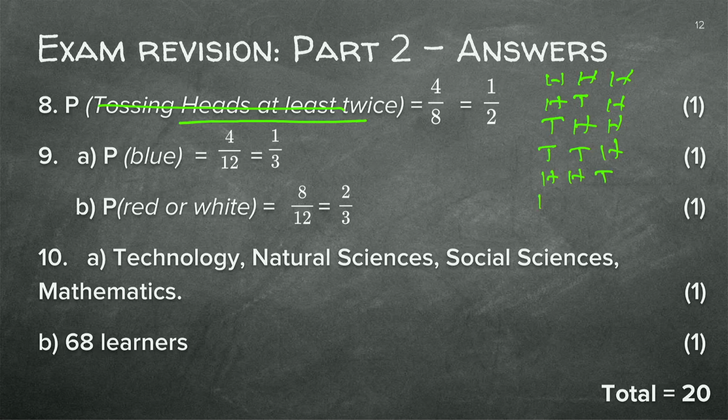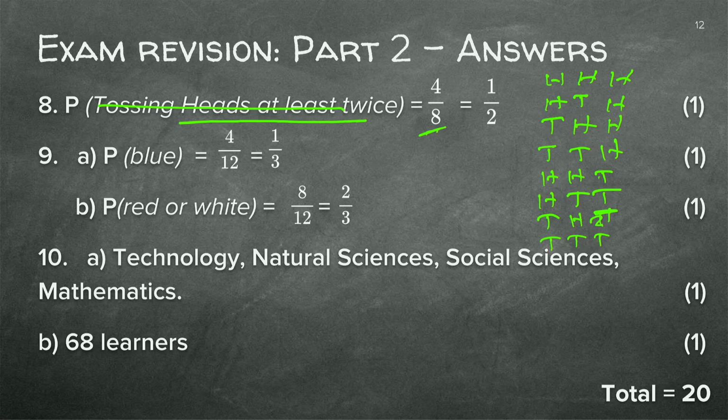We can have head, tail, tail. We can have tail, head, tail. And then we can have tail, tail, tail. So there are 1, 2, 3, 4, 5, 6, 7, 8 possibilities.